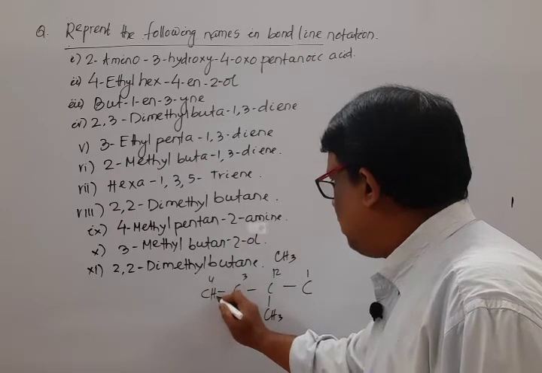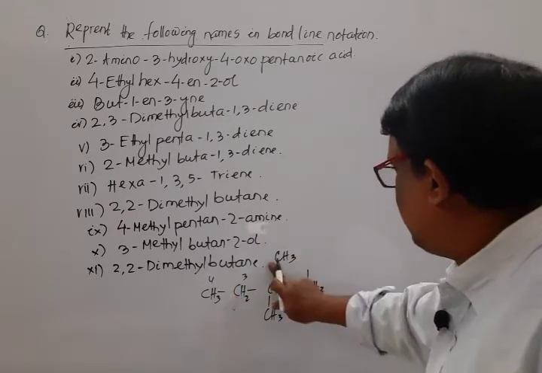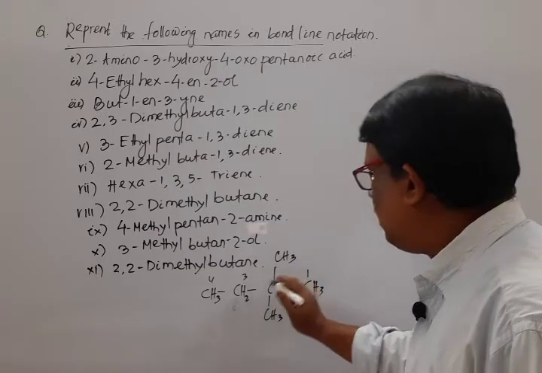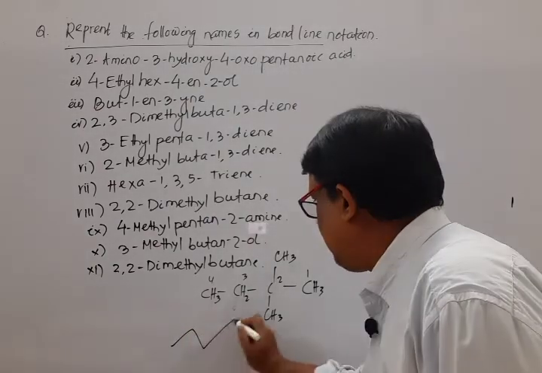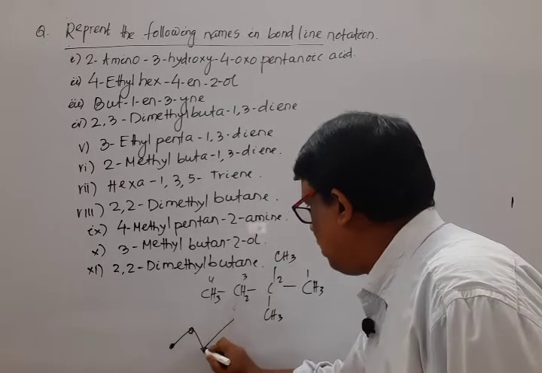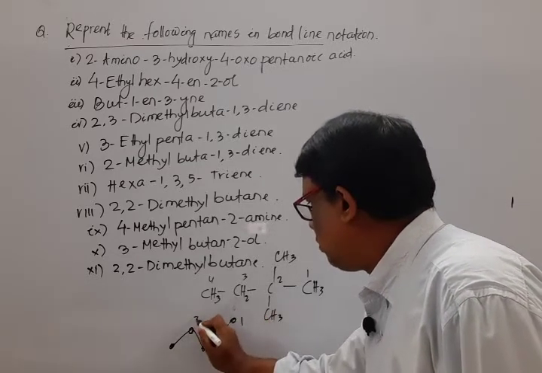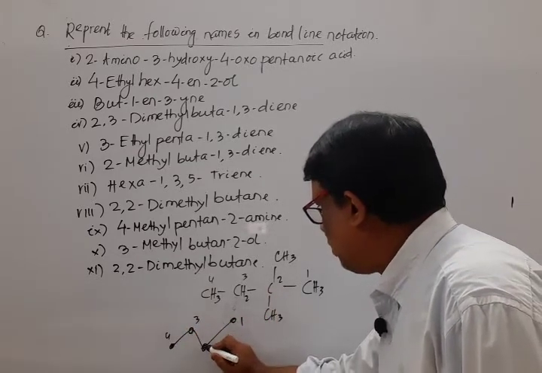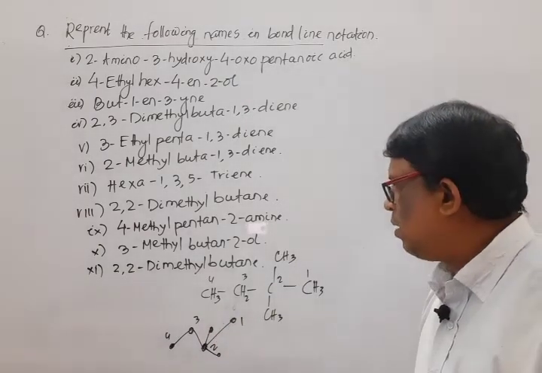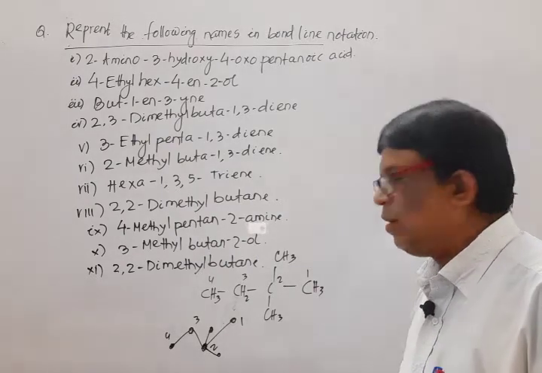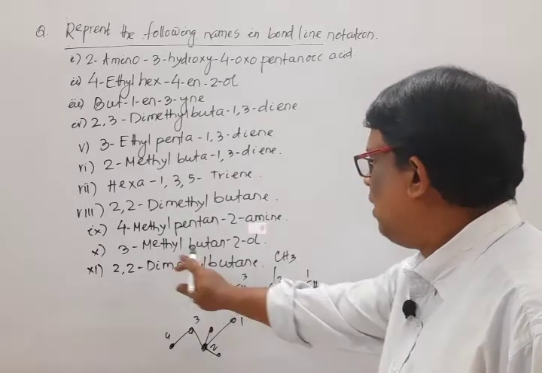Next, tetra covalency, CH3, CH, CH, CH3. This one is the formula, we represent in bond line. So 1, 2, 3, 4. 2 position 1 branching, 3 position 1 branching. Okay, move to the second one.